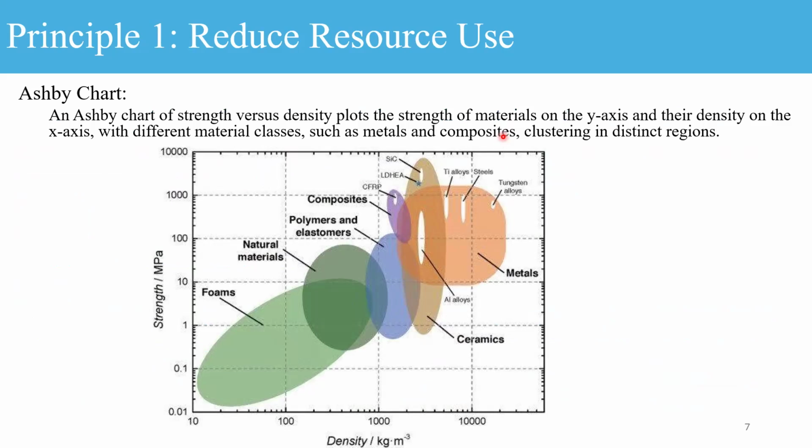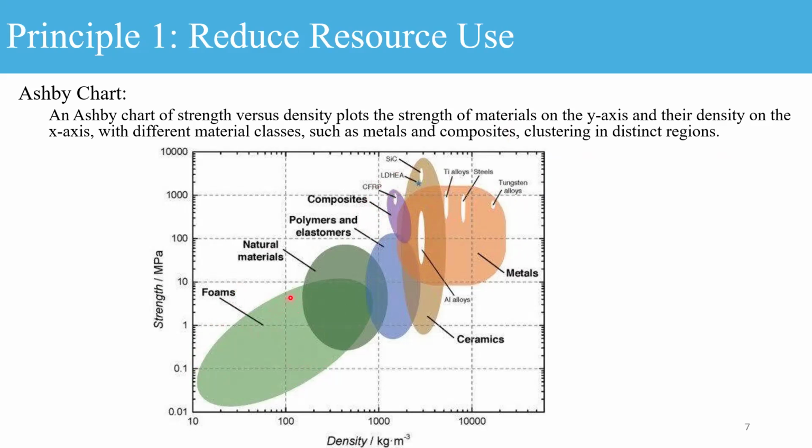Looking at this, we can initially think about what kind of material we want to utilize for a given product, depending on the strength needed and the density we want to apply. Usually the materials cluster around a given class. Metals cluster on the higher end of both density and strength, while foams are on the lower end of both density and strength.